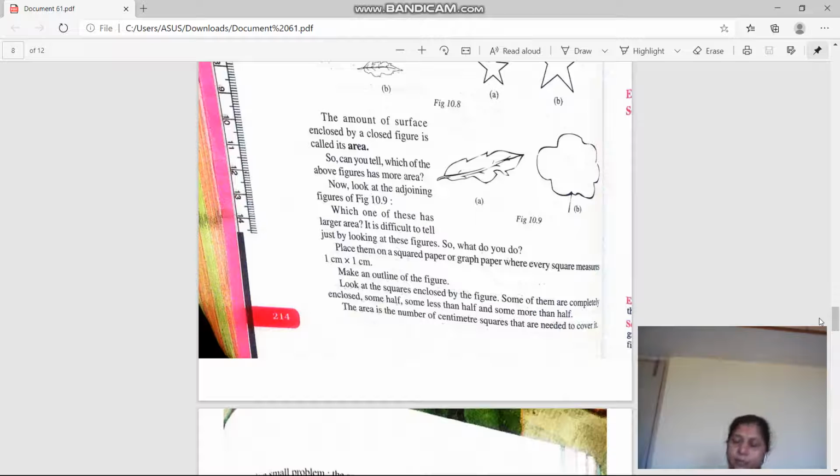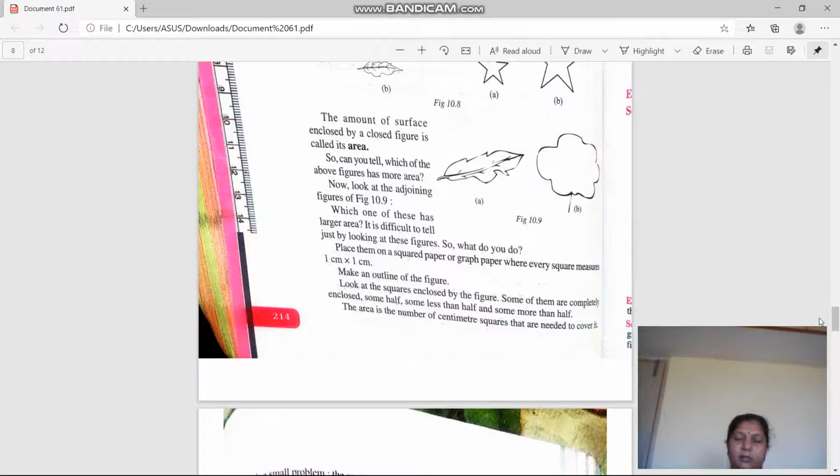In such a manner you have to count the squares, and according to the squares you write the area. In area we have studied only two formulas: area of rectangle is equal to length into breadth, and area of square is equal to side into side.